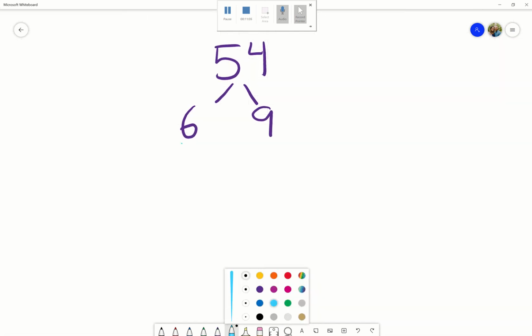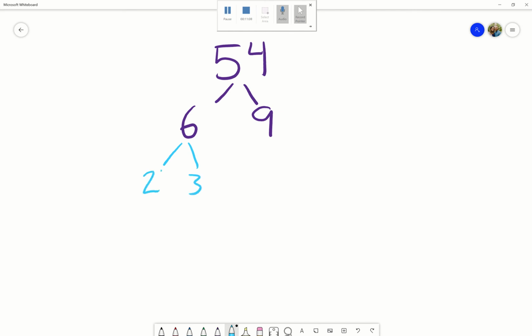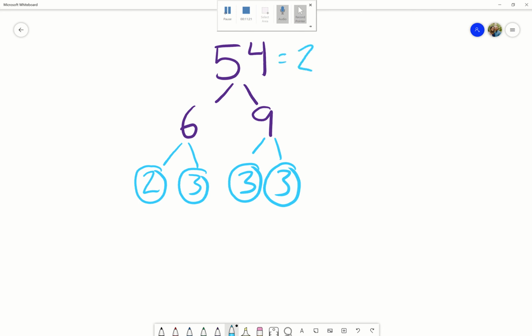And 6 can be broken down into 2 times 3. Those are both prime. And 9 can be broken down into 3 times 3. Those are both prime. And so our answer ends up being 2 times 3 times 3 times 3, or 2 times 3 cubed.